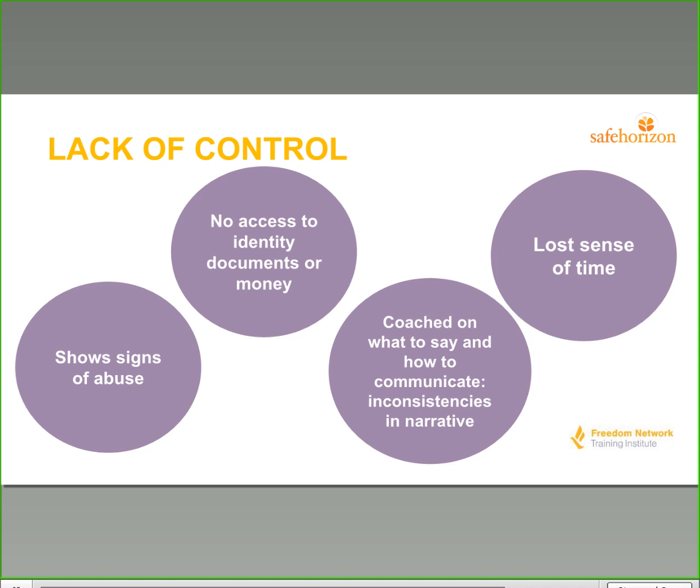So oftentimes as service providers, I think that we have to be very creative in the way that we ask questions, because abuse isn't always going to appear as a bruise on the face or something as visible as that. Sometimes many of these signs of abuse are going to be very much internal. And so I think it's important for us to think broadly about what are all the different types of abuse that someone can experience. Next slide, please.